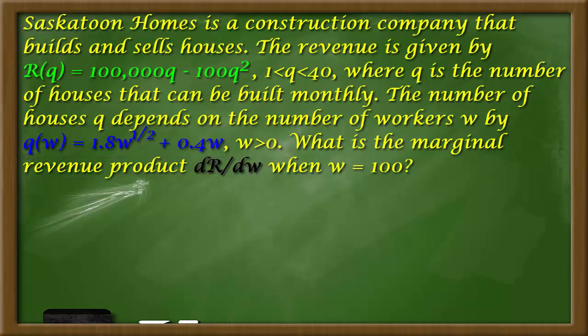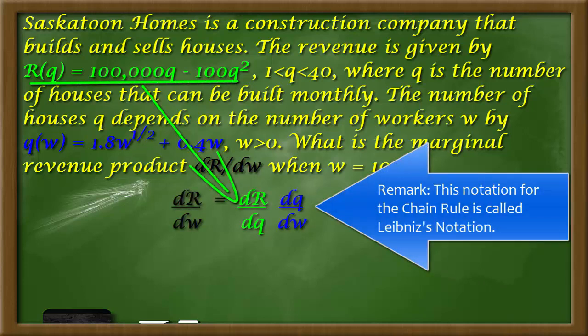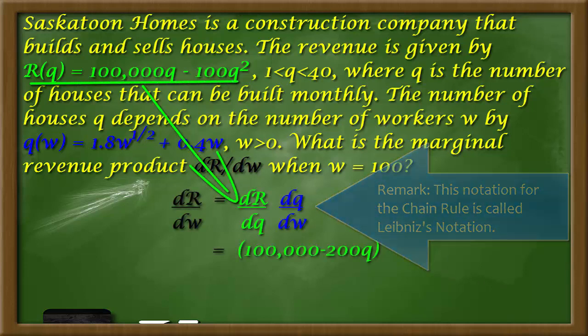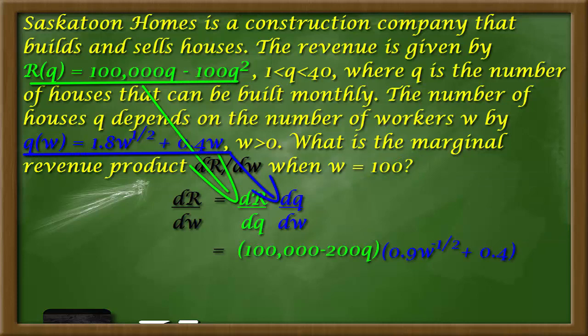What is the marginal revenue product, dR/dW, earned when 100 workers are hired during a particular month? The revenue earned depends on the quantity of houses sold, which depends on the number of workers available to build them. So R depends on Q, which depends on W. So the derivative of revenue with respect to the quantity times the derivative of the quantity with respect to the number of workers W gives us the marginal revenue product, dR/dW.